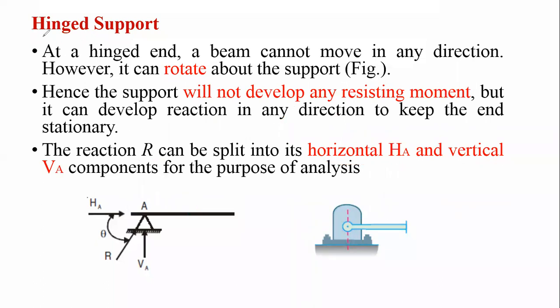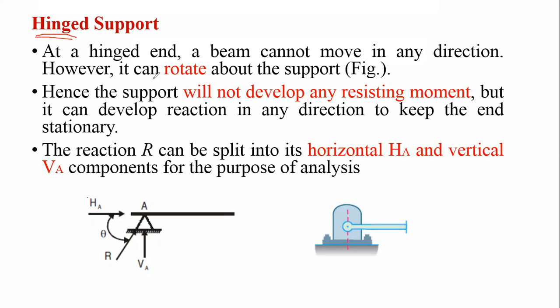Now, a simple example of such a support, you may observe daily: this hinge support. The door of your room is simply hinge supported. When you are opening or closing your door, you are applying a load over that door, and it is rotating about the hinge support.